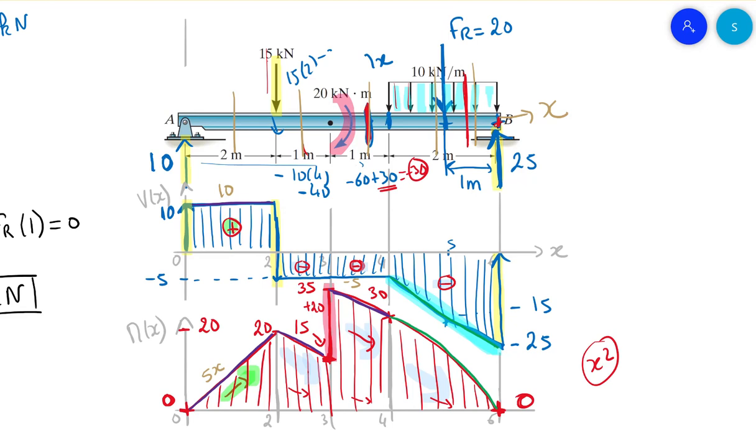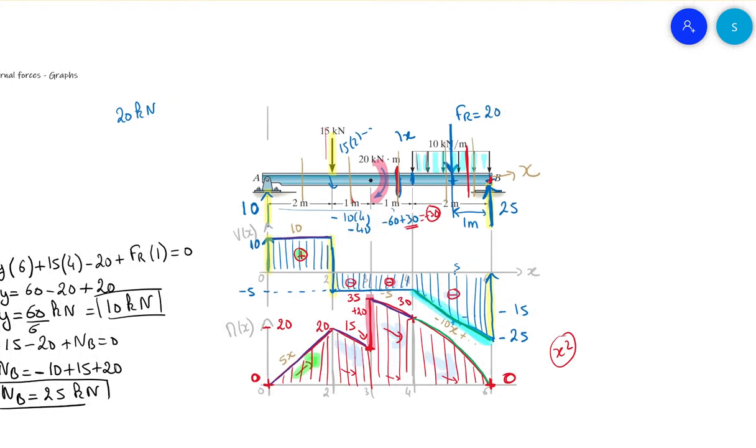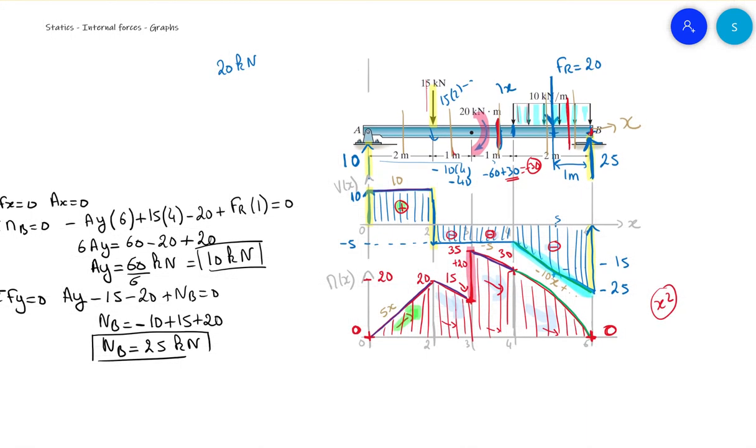You need to solve for this one, and this one, and so on. And this one decreases by 10 kilonewton meter, so -10x plus something that you can solve for each function. So that's it for this chapter about internal force and the graph.